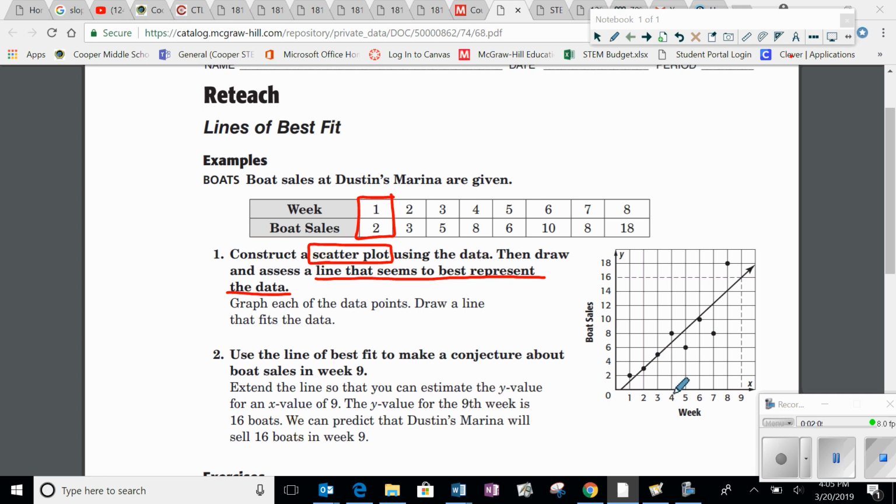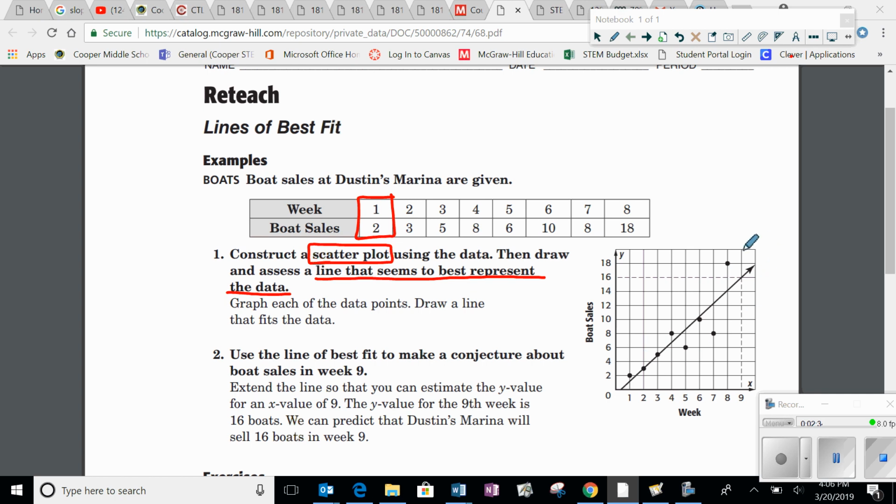4, 8. Then I have 5, 6, 6, 10, 7, 8, and 8, 18. Now that I have my scatter plot, I can see that those data points are moving in a positive trend.